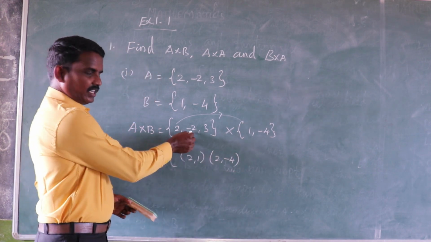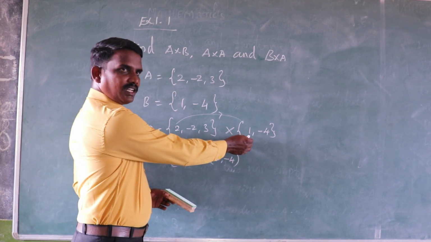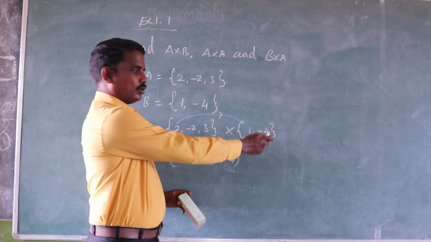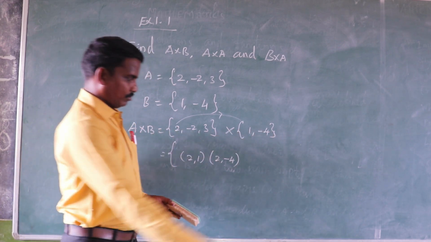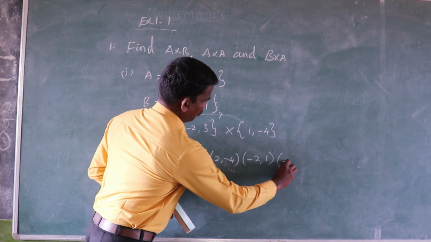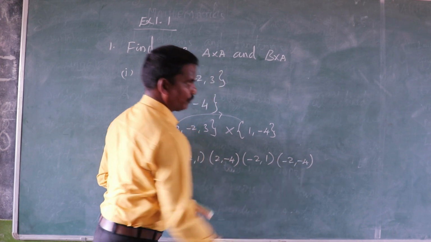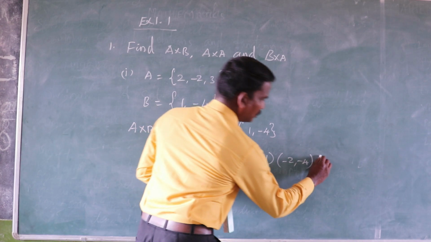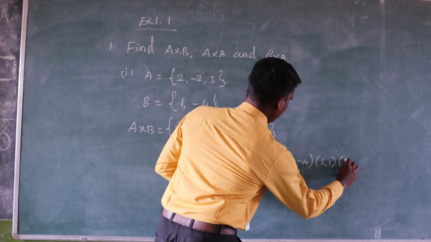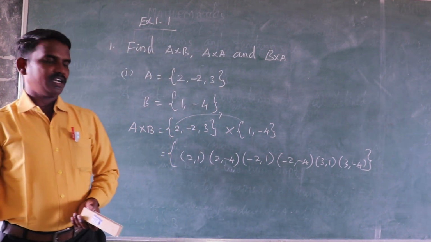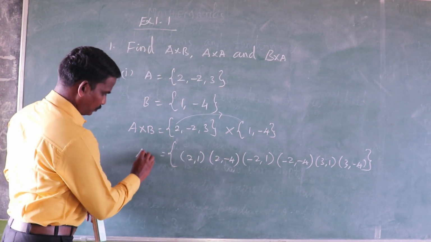Like that, the second element in A with the first element in B, and also with the second element in B. So that is (-2, 1), (-2, -4), and then (3, 1) and (3, -4). This is called A cross B.